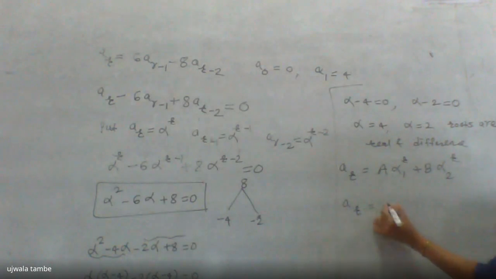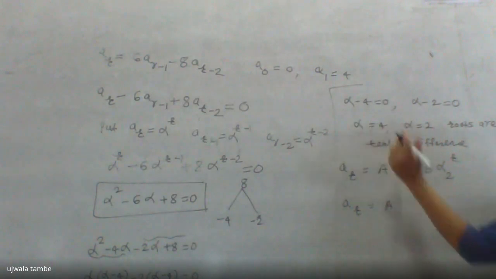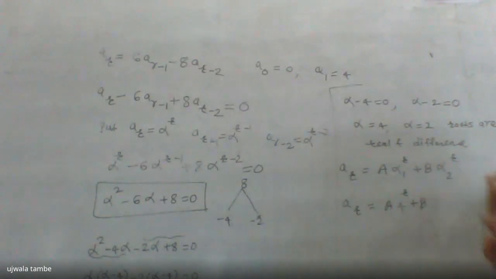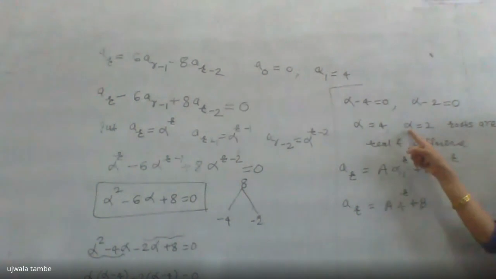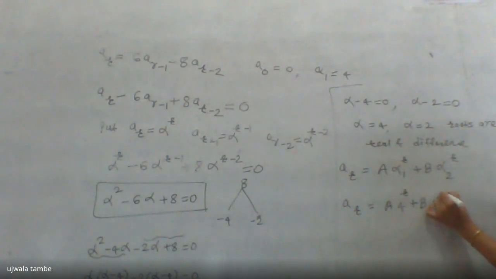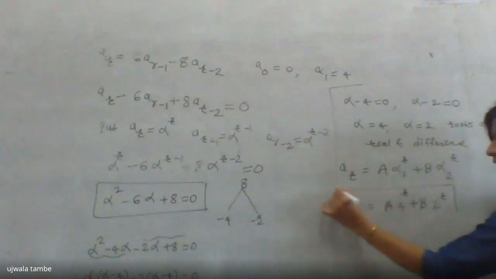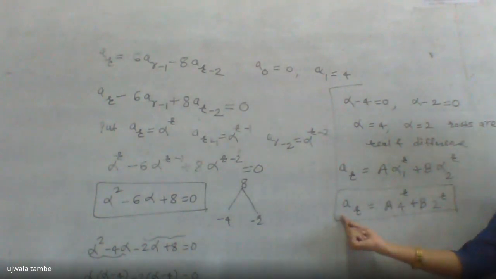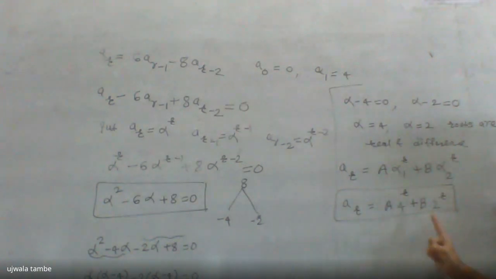Therefore, a_r is equal to A into alpha 1, which is 4 raised to r, plus B into alpha 2, the second root, whose value is 2, 2 raised to r. We get the solution in terms of two arbitrary constants a and b.